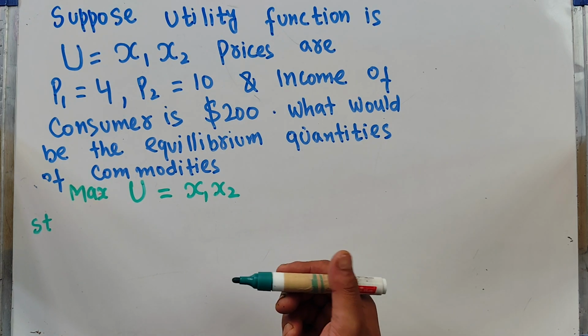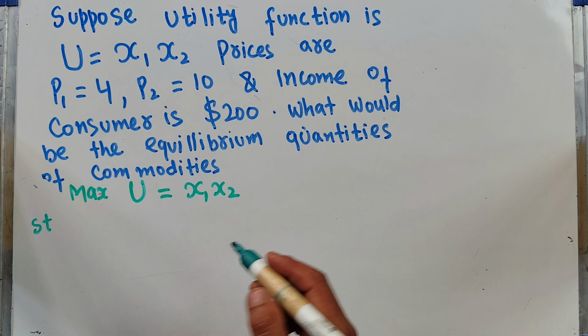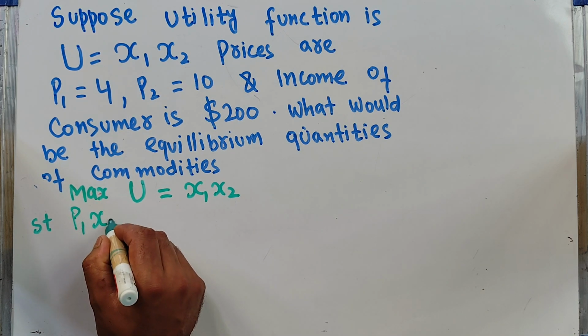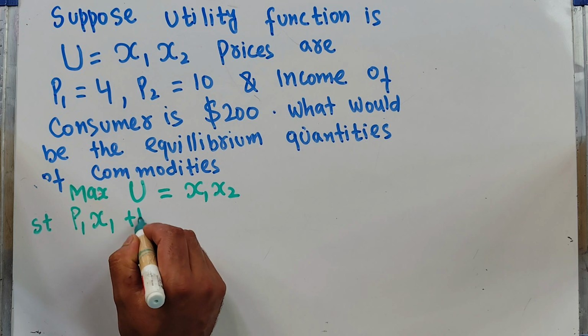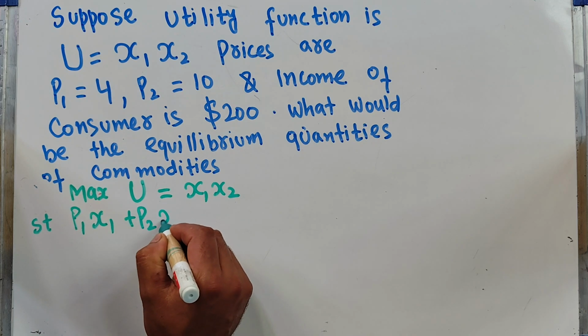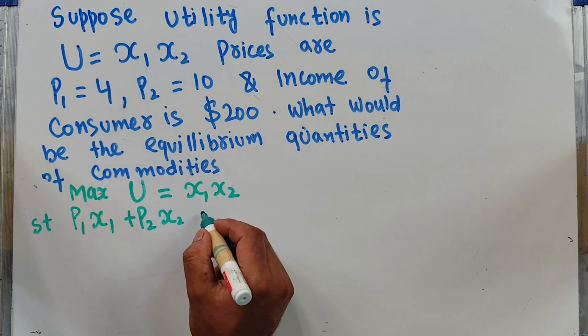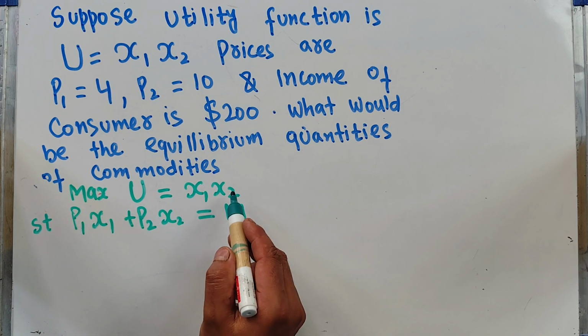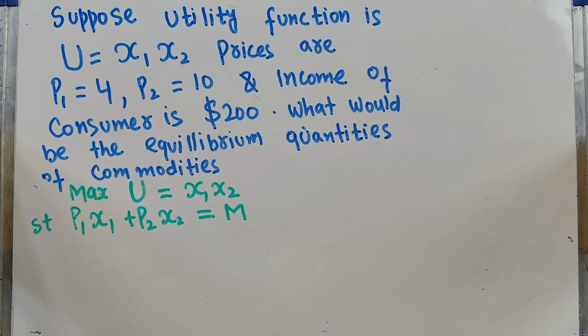There is obviously his income constraint or budget constraint, that is, the price of good 1 times the units of good 1, that is x1, plus the price of good 2 times the units of good x2 should be equal to the income of the consumer. The consumer wants to maximize this utility subject to this budget constraint.